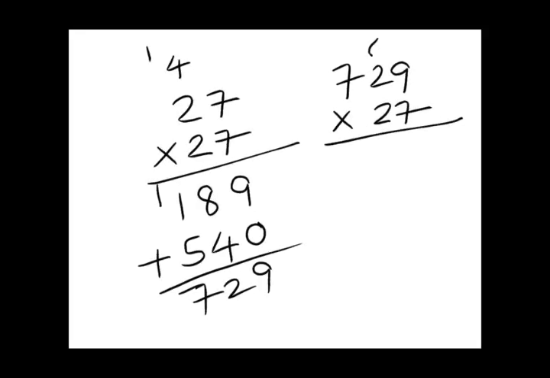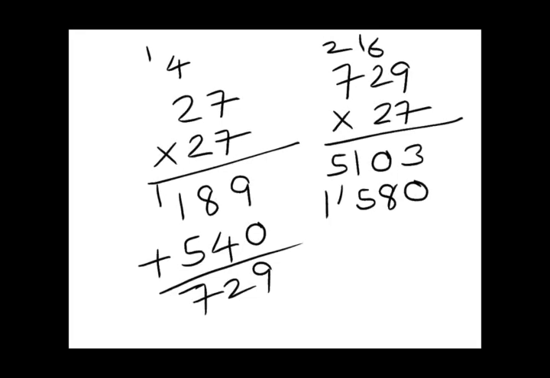7 nines are 63. 7 twos are 14 plus 6, 20. 7 sevens are 49 plus 2, 51. 2 nines are 18. 2 twos are 4 plus 1, 5. 2 sevens are 14.